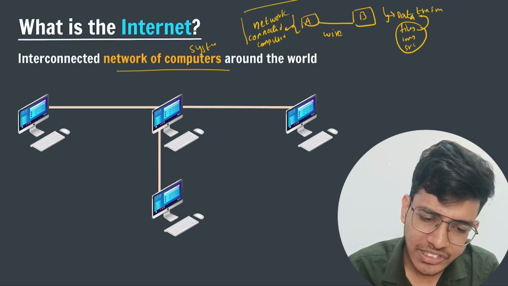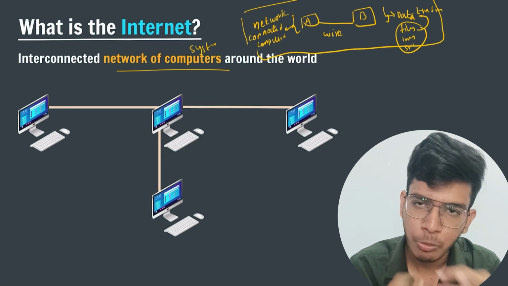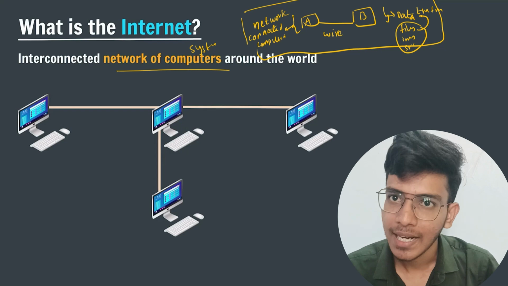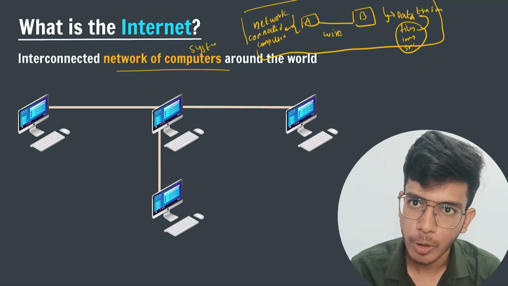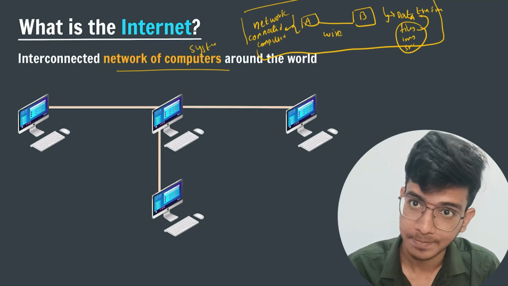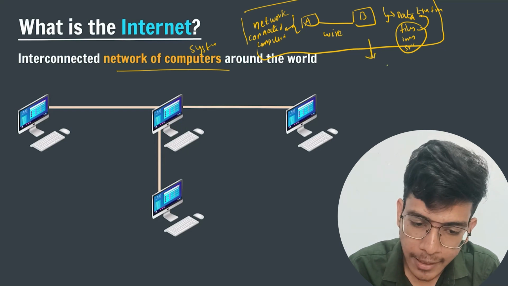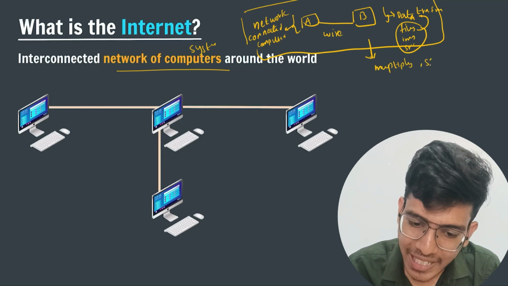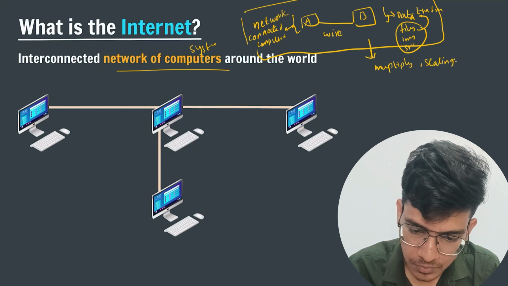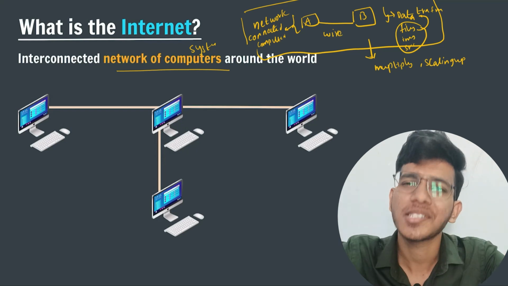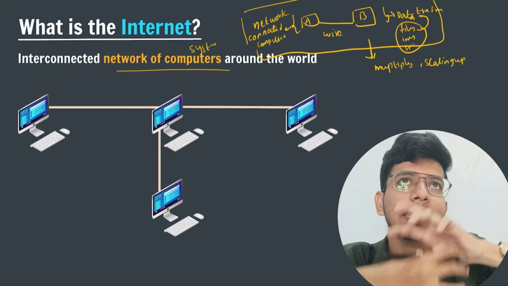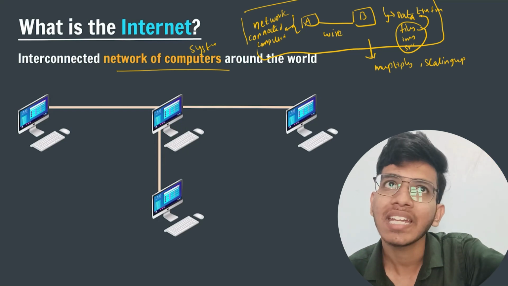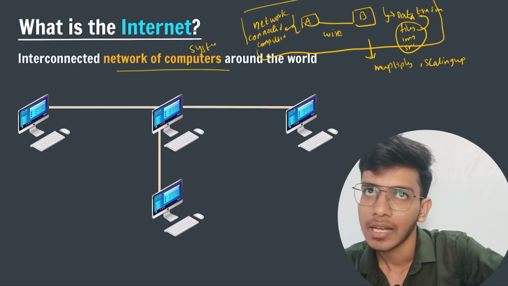And the same concept which I did for two computers, let's say I multiply this: I am connecting hundreds of computers, thousands of computers. If I am scaling up this process to a large scale, let's say there is a person sitting in America and I am sitting in India.